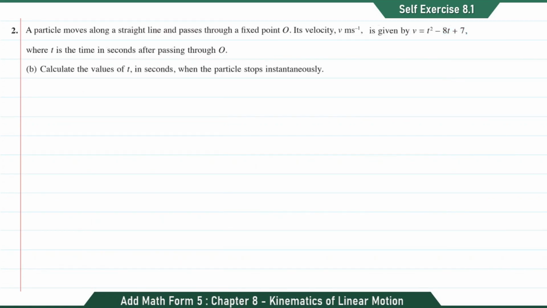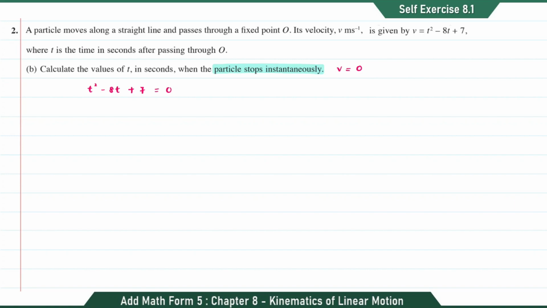(b) Calculate the values of t in seconds when the particle stops instantaneously. When the particle stops instantaneously, the velocity of the particle is equal to 0. So to find t, it will be t squared minus 8t plus 7 equals 0.